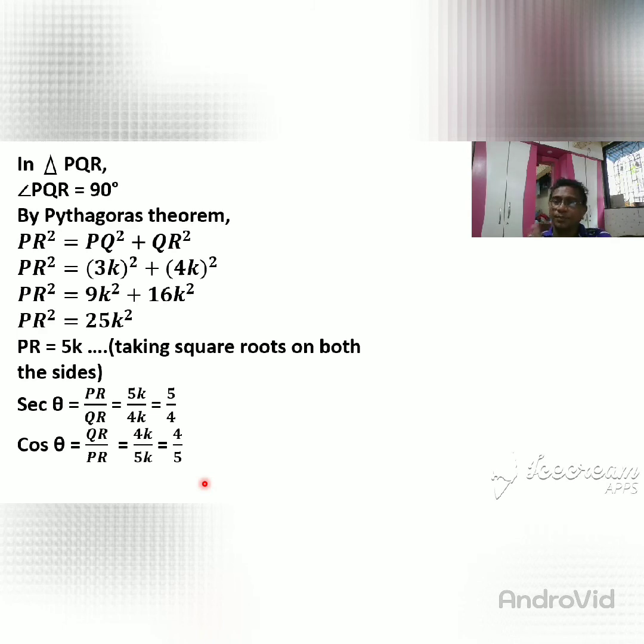You must know the identities also, because if the question paper says you can solve this problem by identities, then you must know them. But if they don't say anything and only ask you to find sec theta and cos theta, then you can use any method you like. So you can solve by Pythagoras also. Okay, any doubts?